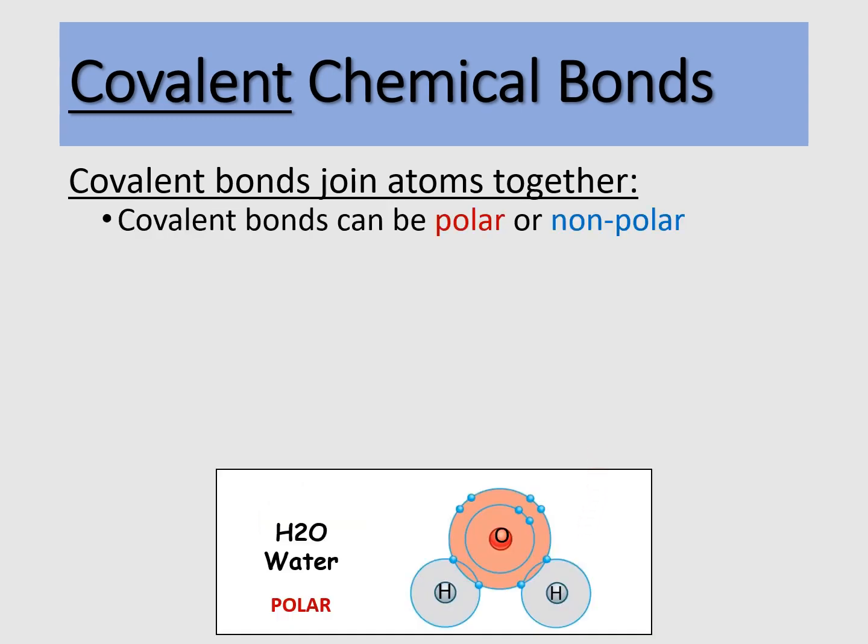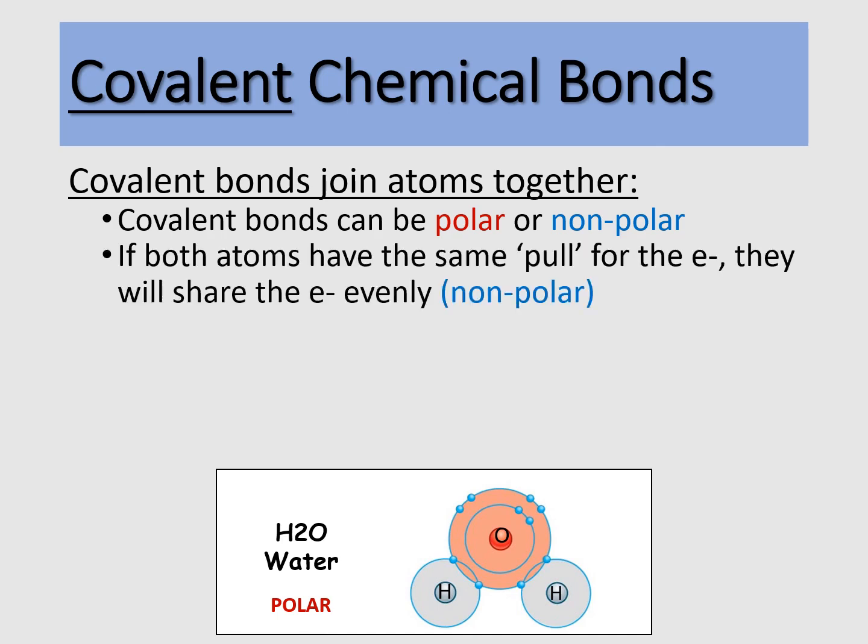So all covalent bonds can be polar or non-polar, because remember we saw that carbon creating non-polar bonds with the hydrogen. Okay, it created 4 non-polar covalent bonds. Whereas oxygen is creating 2 polar bonds with hydrogen. Okay. So if both atoms kind of have an equal pull on the electron, meaning they're sharing that electron very evenly, then it's nonpolar.